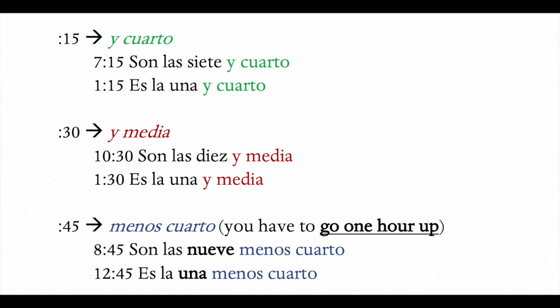So for example, 8:45. We have to go 1 hour up, not 8, but 9, because it's past the half. And so we say son las nueve menos cuarto, something like 9 minus a quarter.